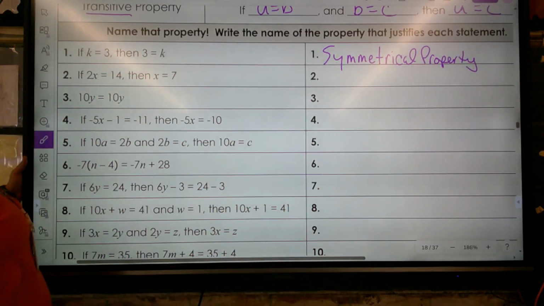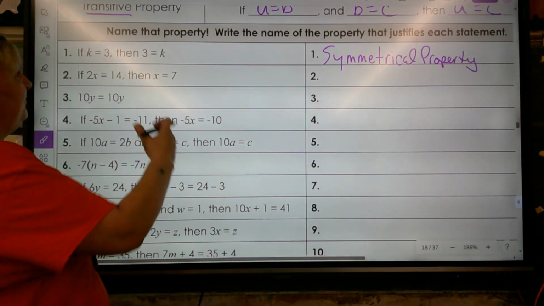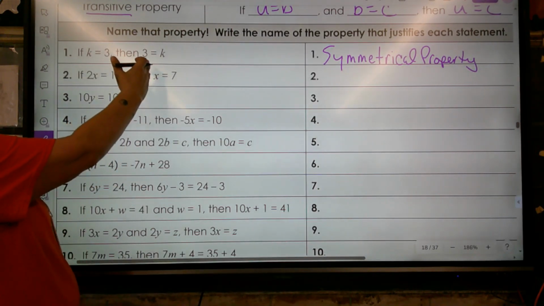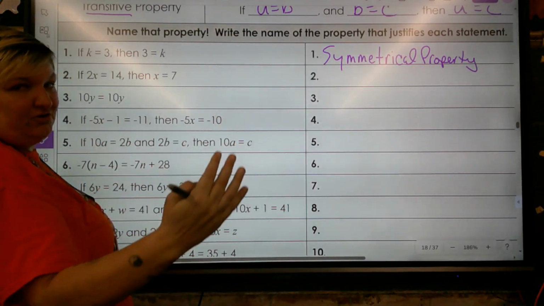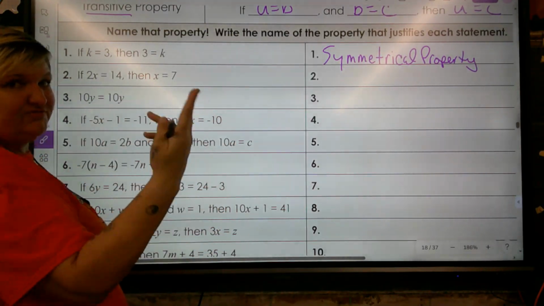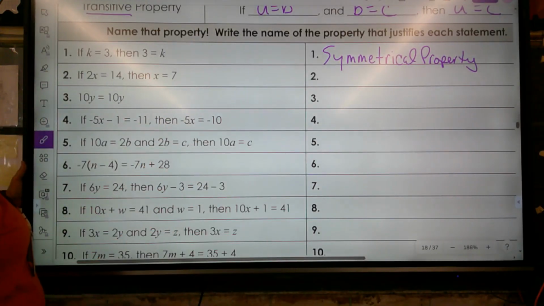They're not identical, but they are equal. If they were identical, then it would be reflexive property. But they're not identical, but they are equal. So we just flipped them. That's reflexive property. I mean symmetrical property. We just flipped them. That's symmetrical property.